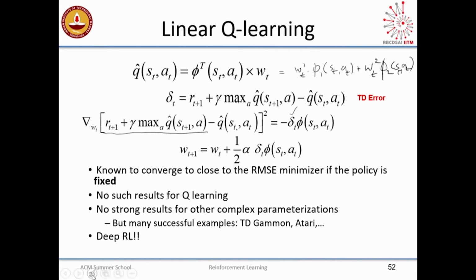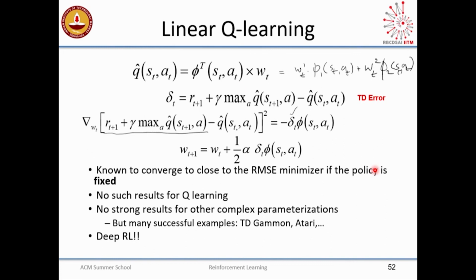Unfortunately we don't have great convergence results for linear Q-learning. We know that this kind of linear update will converge to the root mean square error minimizer, the values of w that give me the least root mean square error, provided I don't change my policy pi, provided I have a fixed pi and I'm just generating samples.